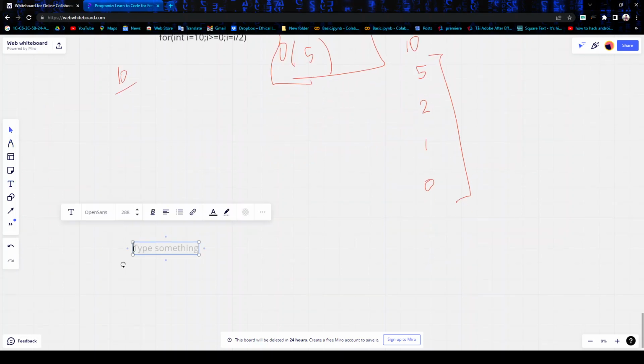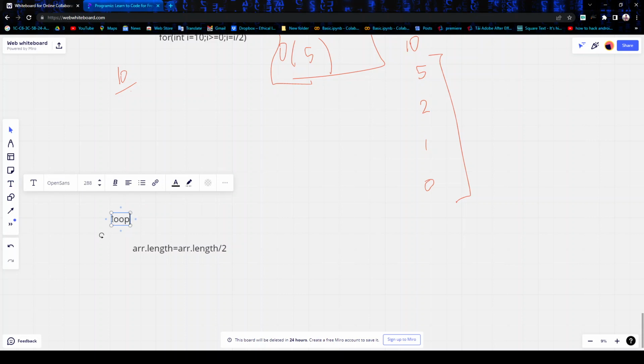Now what if I am decreasing the array length? For example, I say the array length will be equal to array length divided by 2, inside a loop. In this particular loop, if I am decreasing the array length, then the time complexity will be O(log n).